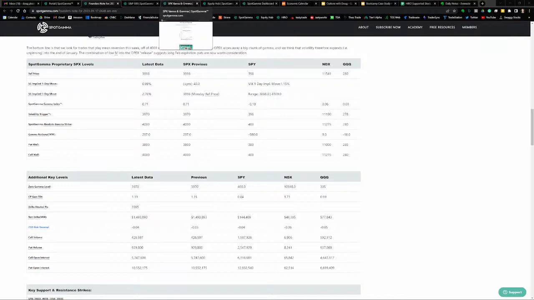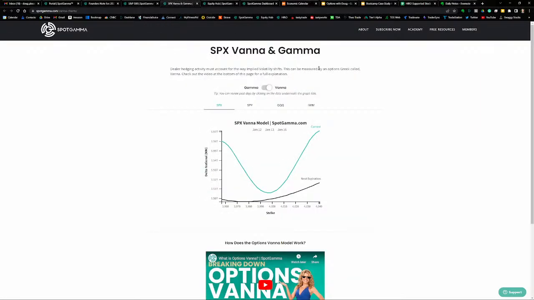And finally, let's look at the Vanna charts, and this is a graphical illustration of what I was just saying. So what this is showing is how market makers' delta exposure changes with changes in price, and that's shown in the horizontal axis here, and their delta notional or delta exposure is shown in the vertical axis.